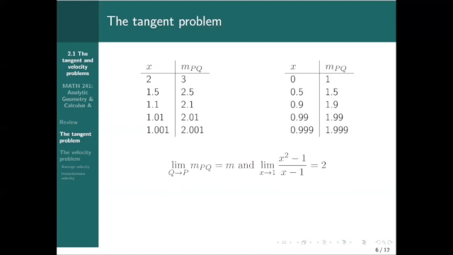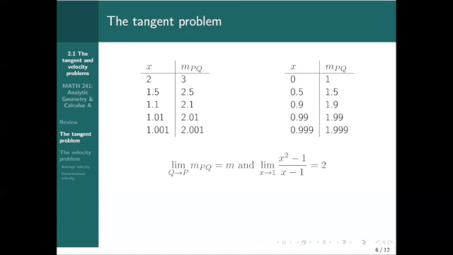So at this point in our course, the values from those two tables are the best tools that we have to evaluate limits. And we're going to say that the slope of the tangent line, which we are denoting by m, is going to be the limit of the slopes of the secant lines as Q approaches P. This Q arrow P in this equation means that Q is approaching P. And so I want you to notice that when Q approaches P, the first coordinate of Q is going to be close to 1.